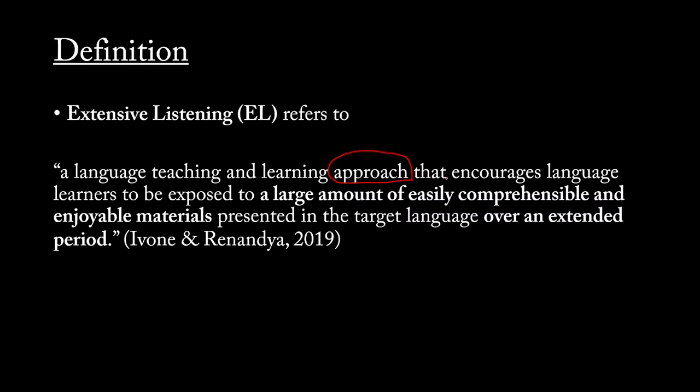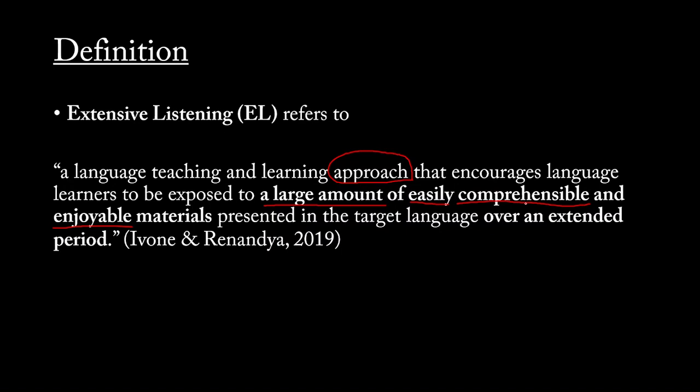So it's an approach that encourages language learners to be exposed to a large amount of easily comprehensible, and enjoyable materials.